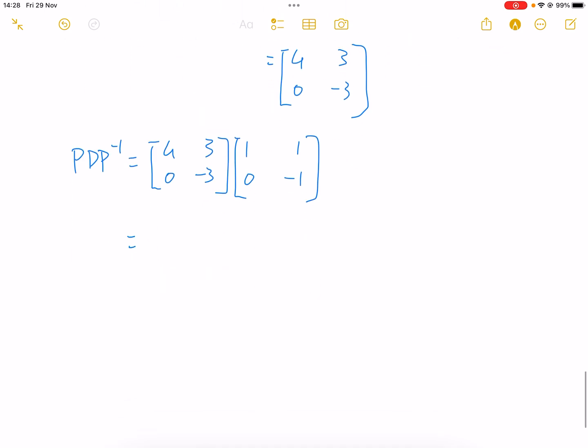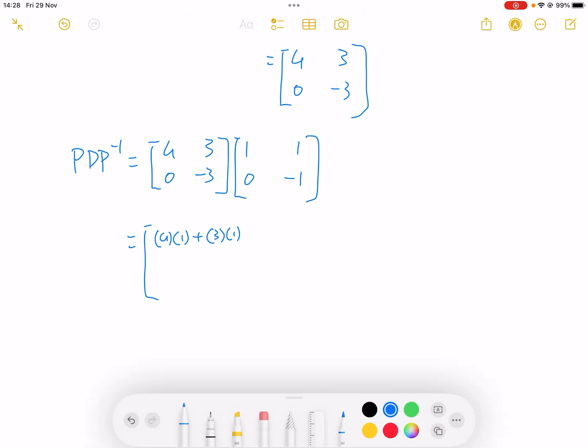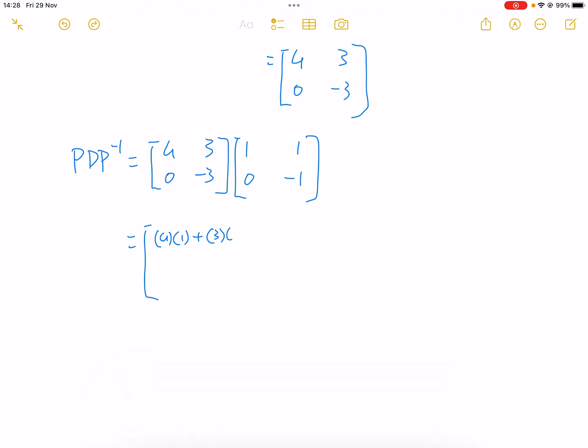Then we have 4 times 1 plus 3 times 0, and 4 times 1 plus 3 times negative 1, and then 0 times 1 plus negative 3 times 0, and 0 times 1 plus negative 3 times negative 1.